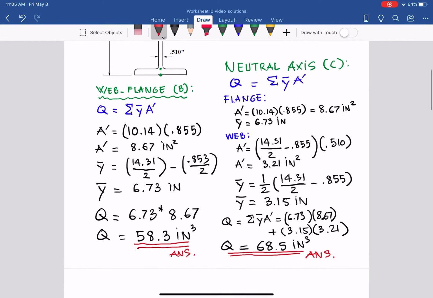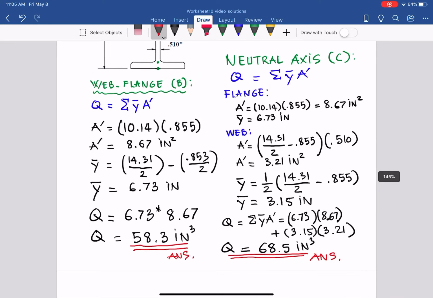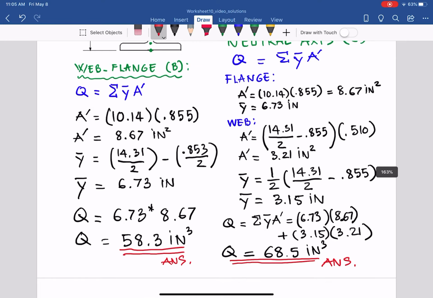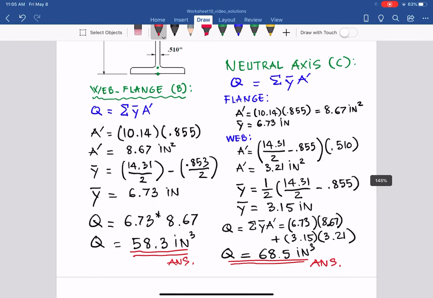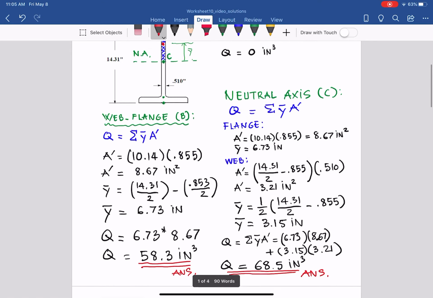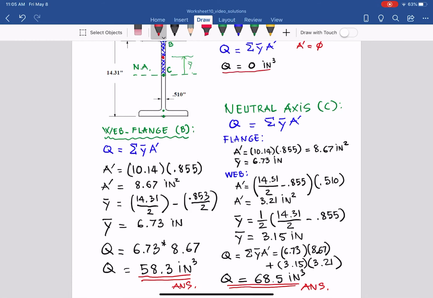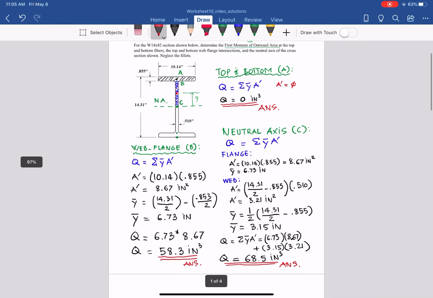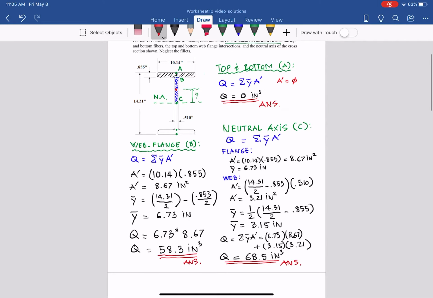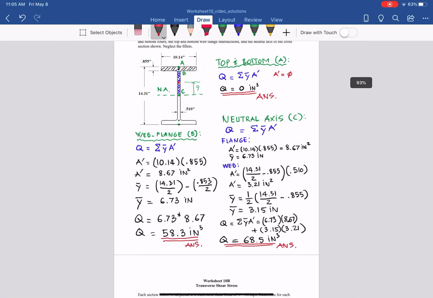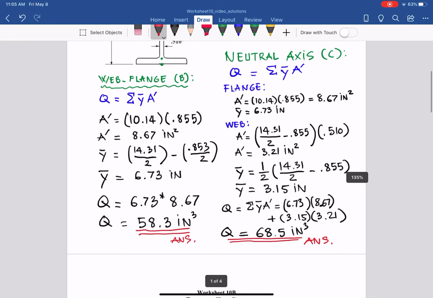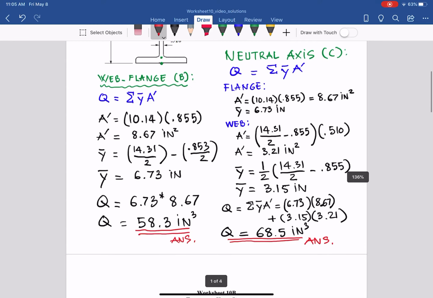So basically, as you observe, for the neutral axis, you only need to find the Q for the web and add it with the Q for the web-flange intersection, 58.3, and you will get 68.5. So the bottom line, you will see the first moment of outward area at the top or bottom, the very outermost fiber, is always 0, and then at the web-flange intersection you have Q, and at the neutral axis, that's the biggest.